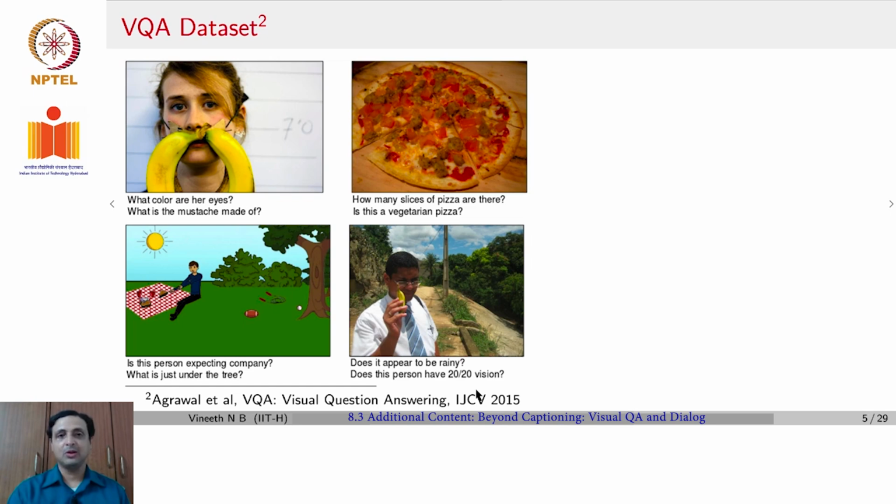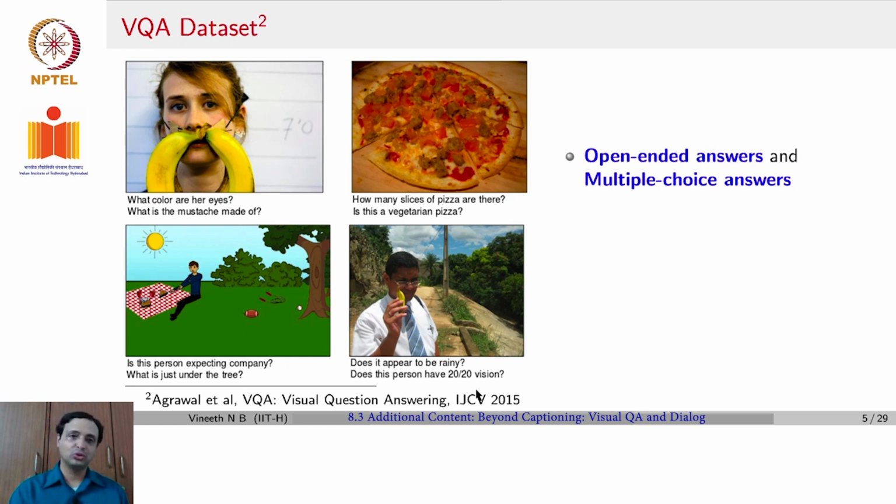As you can see, for each of these questions, the model needs to understand the question as well as the image and the relationship between the image and the question. So in this VQA dataset, you can see that the answers are open-ended and the answers are also multiple choice answers. So you're given a set of options and the model has to choose one of those options as the output.